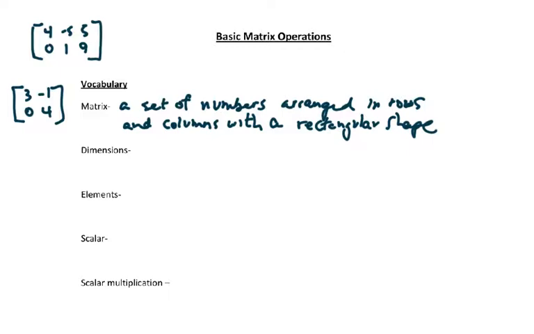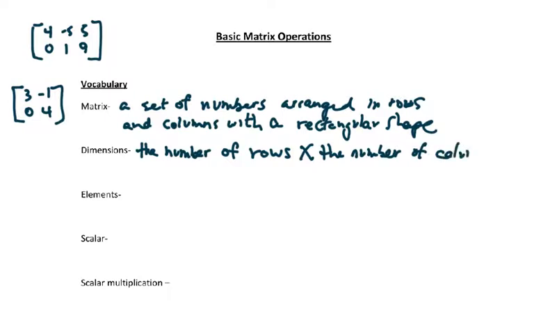So that would be the number of rows and then the number of columns. And we have to do rows first. That's very important. Rows have to be done first.